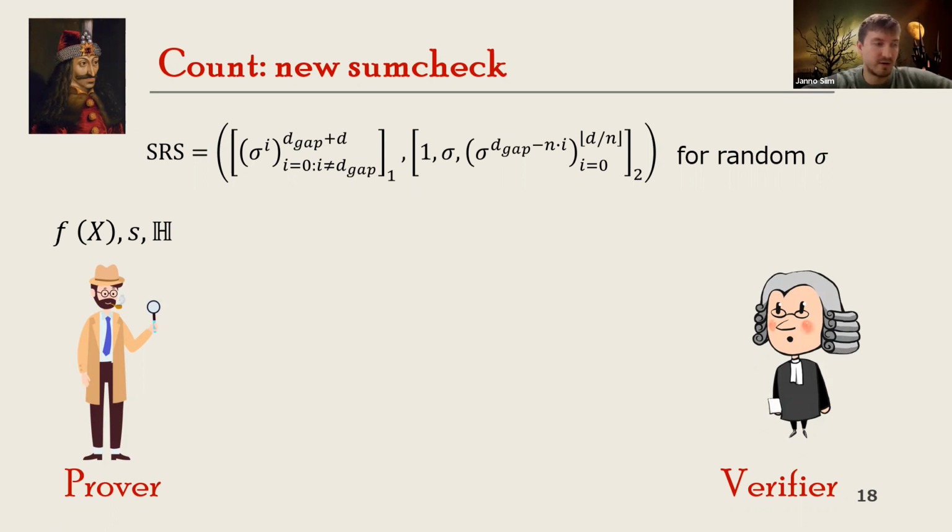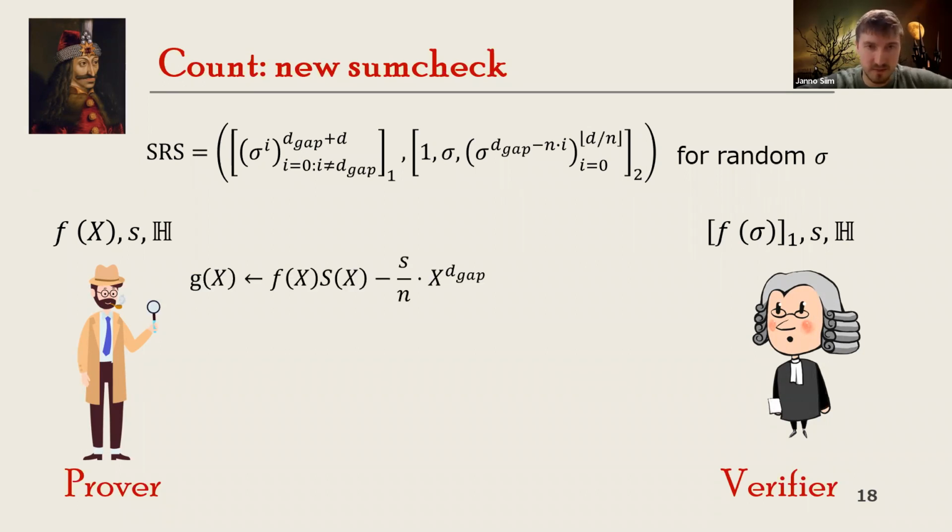So again, the prover here knows f of x, s, and the set h. The verifier knows a commitment. So he knows f of sigma in group 1, and the claimed sum, and the set h. And set h here again is this multiplicative subgroup of some finite field f.